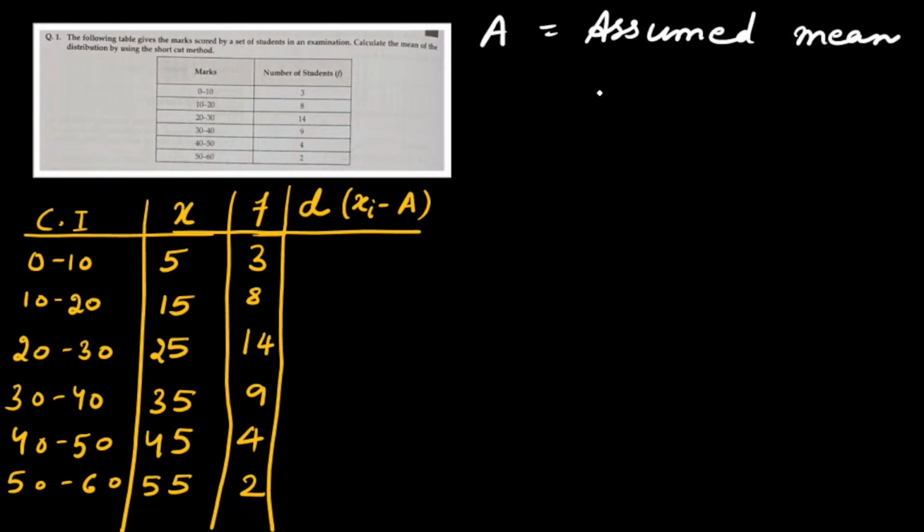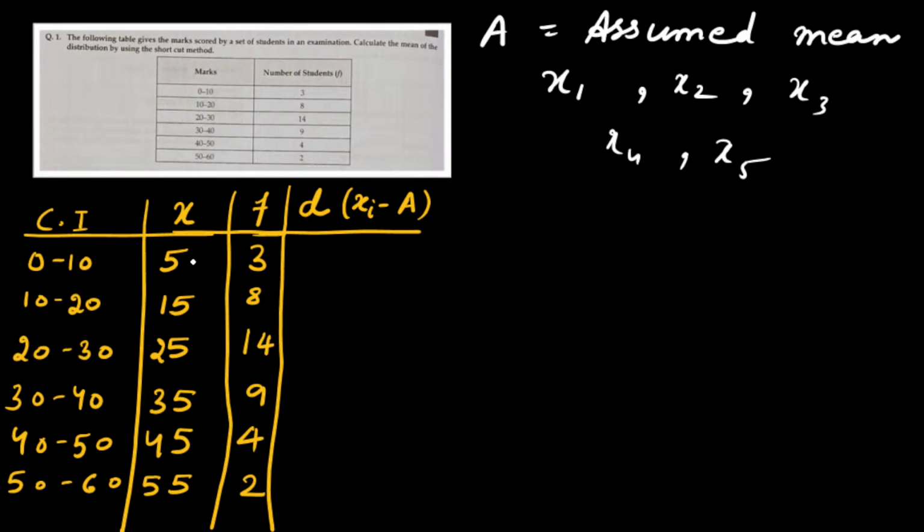So xi, why I have written i: it can be 1, can be 2, 3, 4, 5. So generally I have just written as xi. So you can write here xi minus a. From x, just the middle one you have to choose. Here how many x we have?